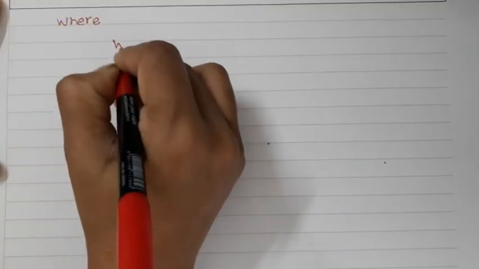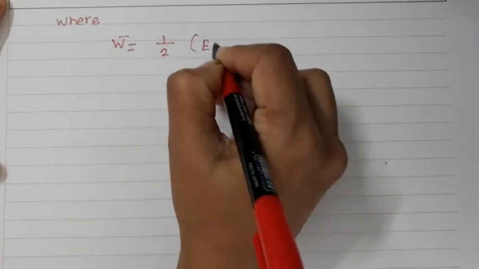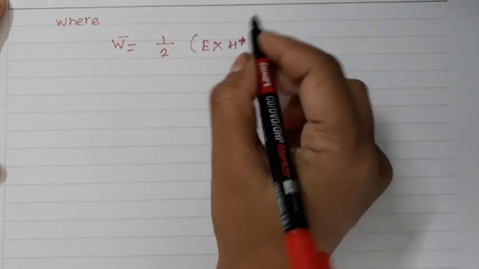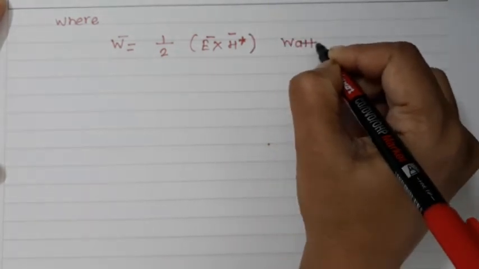W bar, that is power density, is 1/2 E into H complex. Now this is the density, that's why the unit will be watts per meter square. Now you can calculate the radiated power using this density. Now using P radiated, the radiation resistance of the antenna will be determined.